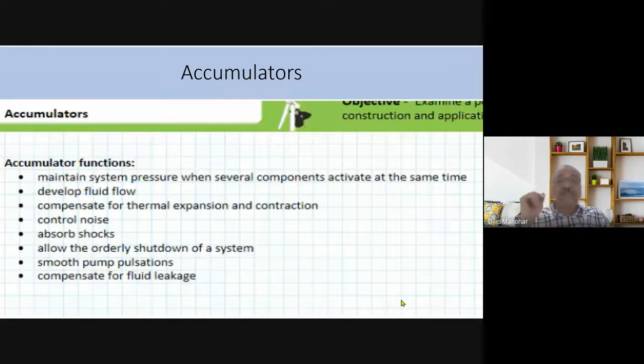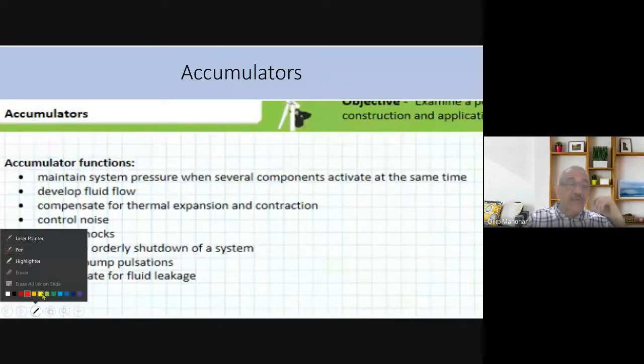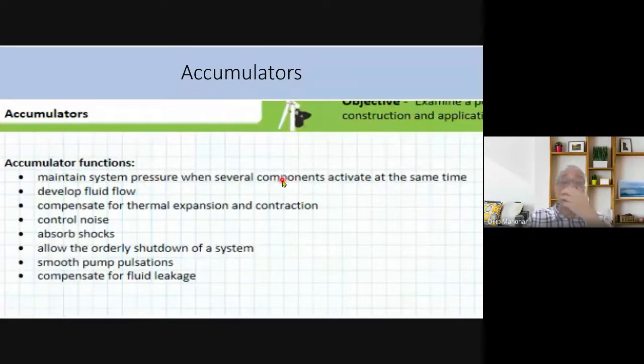What are the accumulator functions? Accumulator is, I can tell you, like a flywheel in the mechanical system. Flywheel stores energy and it delivers the energy whenever the system requires. Similarly, accumulator stores some energy in the form of fluid pressure and it discharges whenever it is required. It maintains the system pressure when we have several components in the system, and develops fluid flow whenever you require flow.